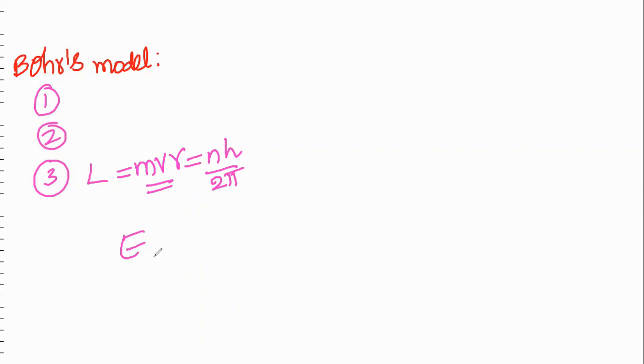When the electron goes from a lower energy level to a higher energy level, it absorbs energy. When it comes from a higher energy level to a lower energy level, it emits energy. The energy emitted or absorbed equals the difference in the energies of the levels.